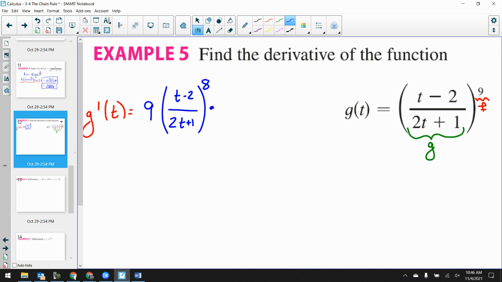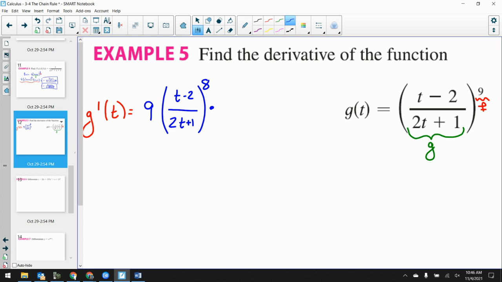The quotient rule. So this is a quotient within a chain. And that's when it starts to get real fun, where you could have a product in a chain in a quotient. And then we're going to add trig into the mix too. Oh man, and then, whoo, let's go.